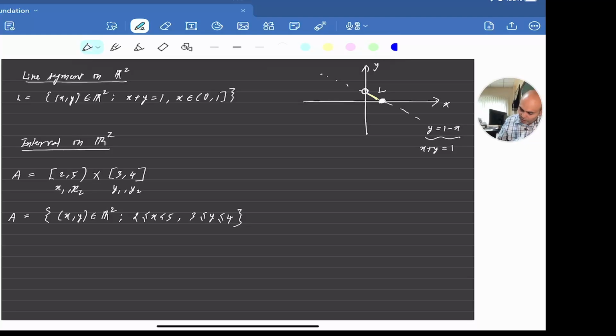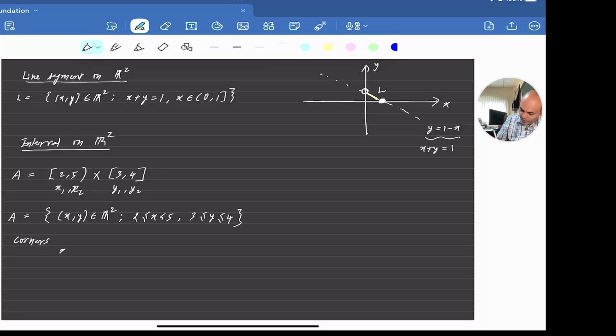Now let's see how we can represent this interval on the real number plane. First, we'll start by writing down the corners of the rectangle.